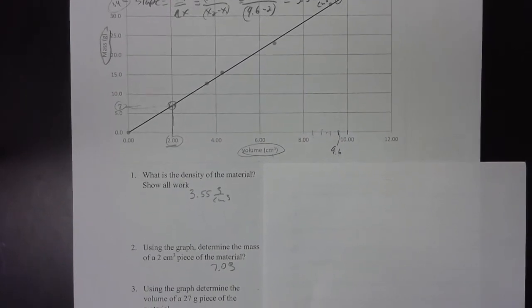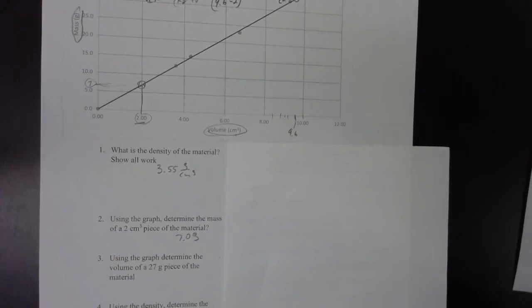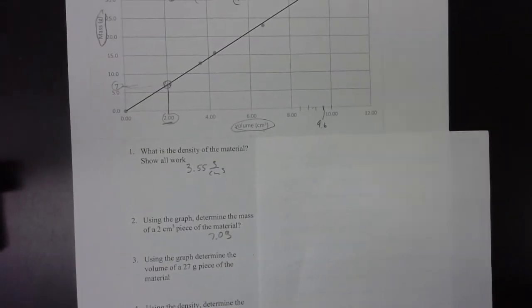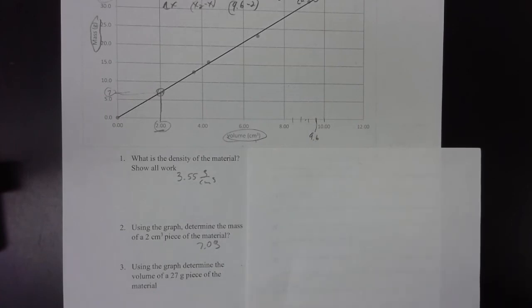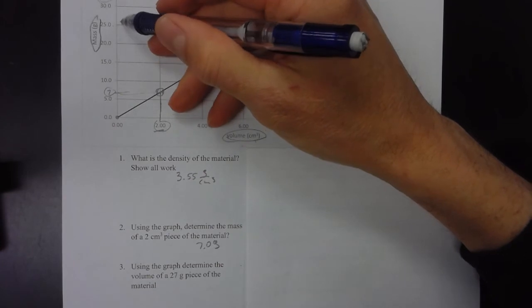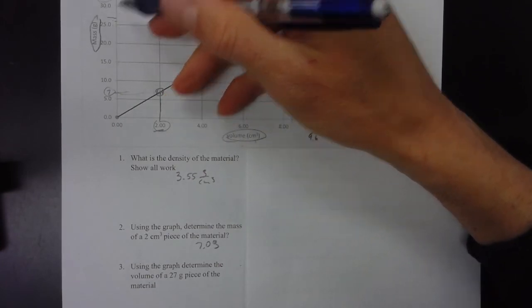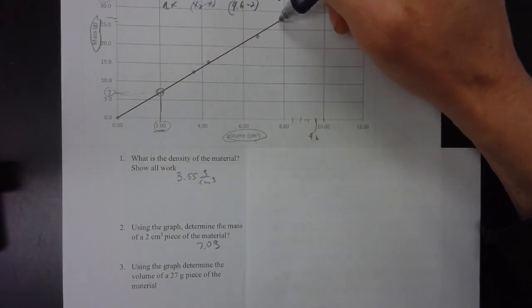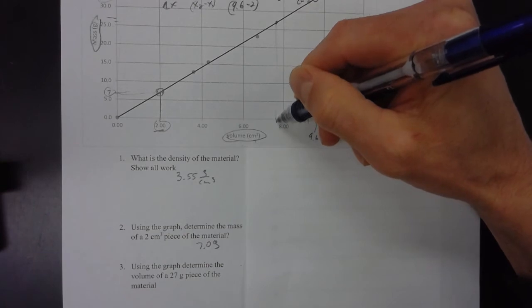Then the next question asks, let's zoom out so we can see more. Using the graph, determine the volume of a 27-gram piece of material. So here we follow this up. There's 25, 26, 27. Each line here is worth 1, 27. Follow that over to the line. That's right there. Follow that down to here.